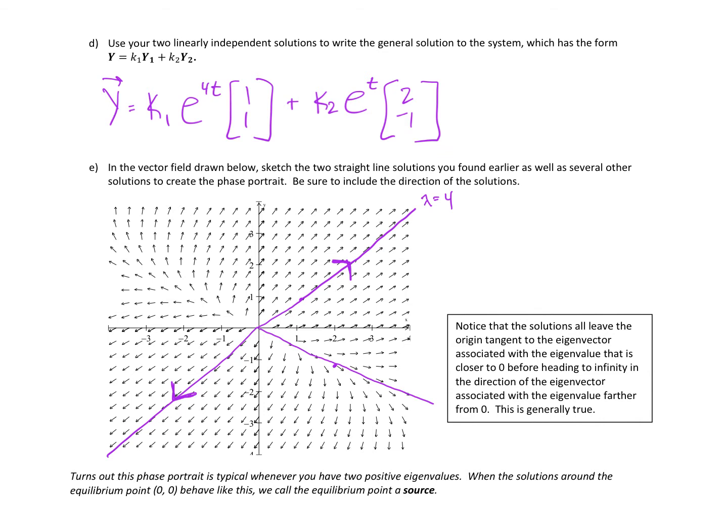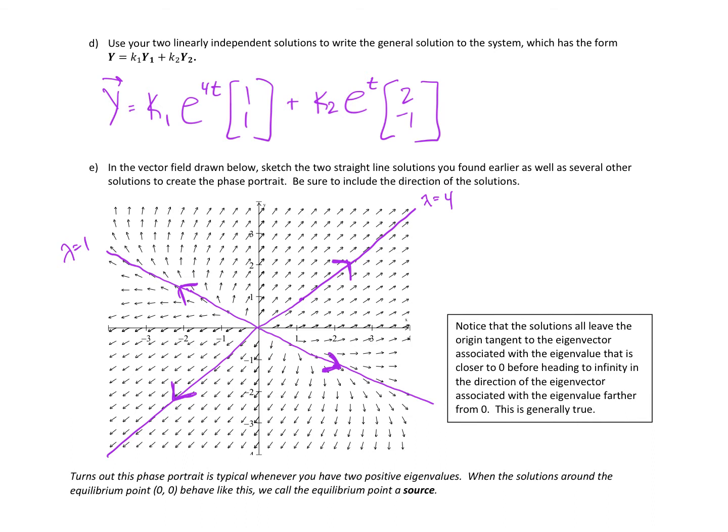I'm going to do my best to draw the other direction here. Looks like that. And that is associated with lambda equals 1, and it's a positive lambda, so the arrows point away from the origin, confirmed by the vector field.